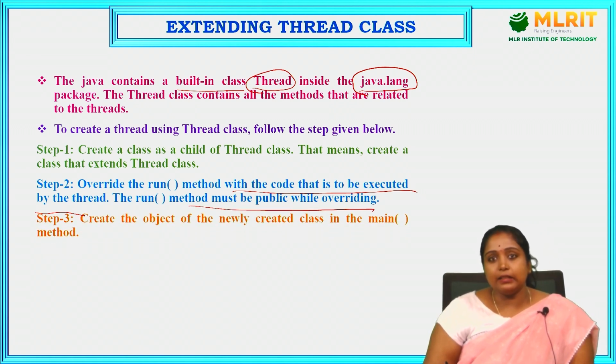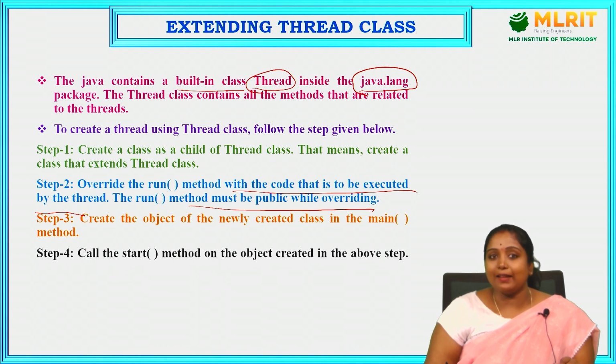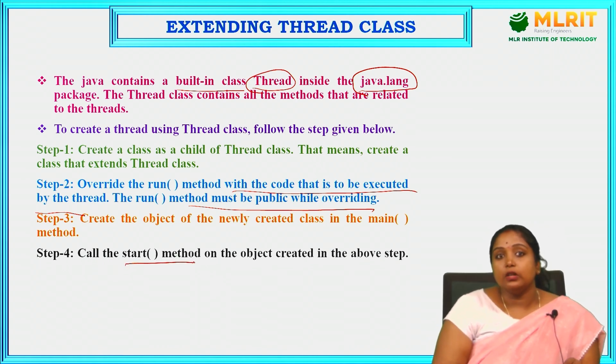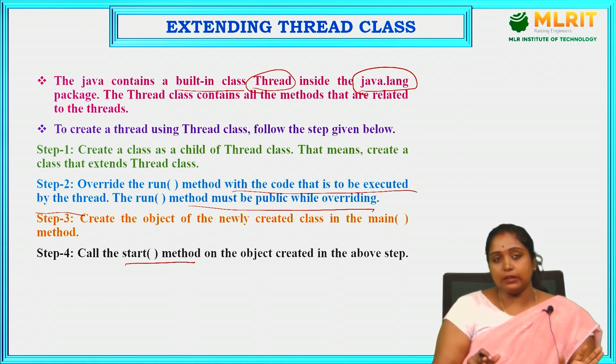The third step is you have to create an object of the newly created child class in the main method, and you have to call the start method using that object.